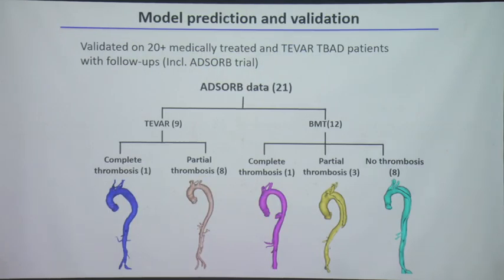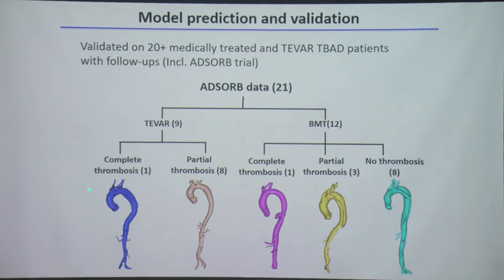In fact, we've tested our model on multiple cases. We're part of the ABSORB trial, which is a European-run trial for type B dissection patients. We had more than 20 medically treated patients and also TEVAR-treated patients with follow-ups. The follow-ups allow us to validate the model.